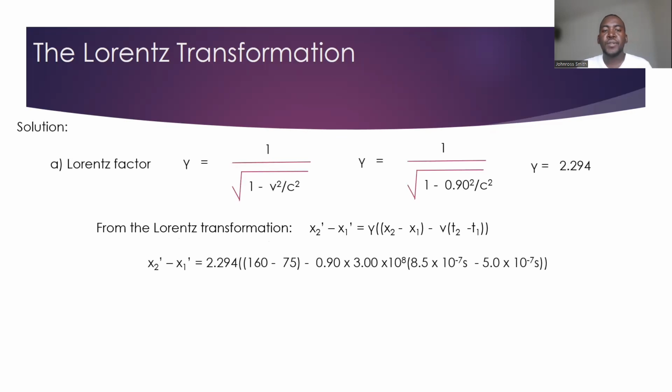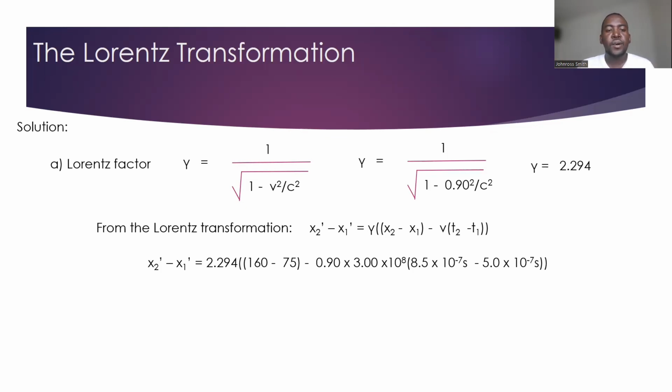So the first part is, what is our Lorentz factor? We know that the speed of the two reference frames is 0.90c relative to each other. So we input that value there, and we get a Lorentz factor of 2.294. So from our Lorentz factor, we know that the change in displacement in x' is equal to the Lorentz factor times (x2 minus x1, minus v times (t2 minus t1)).